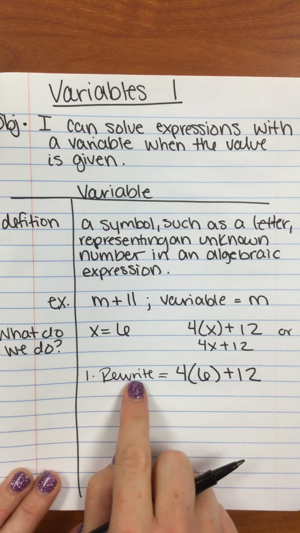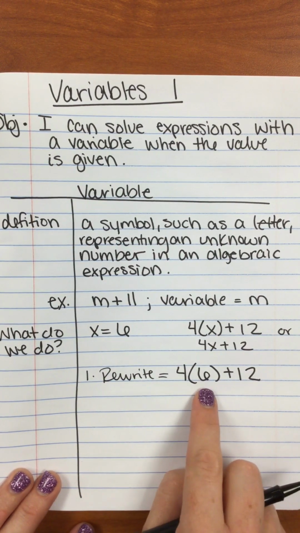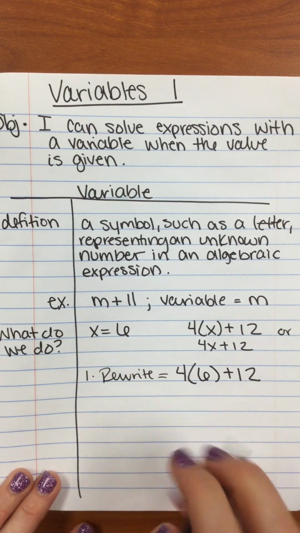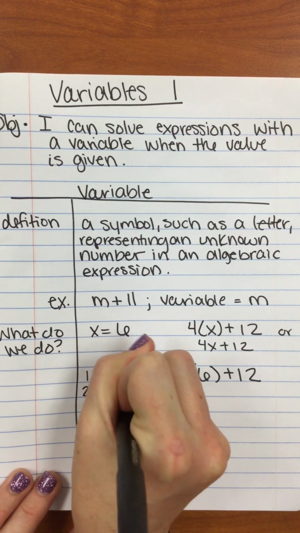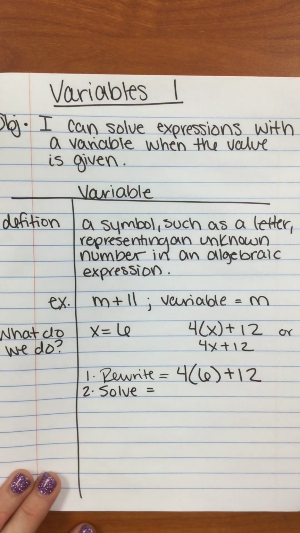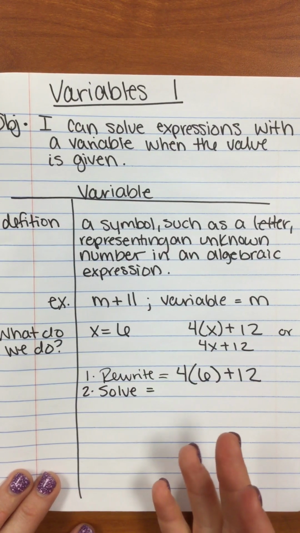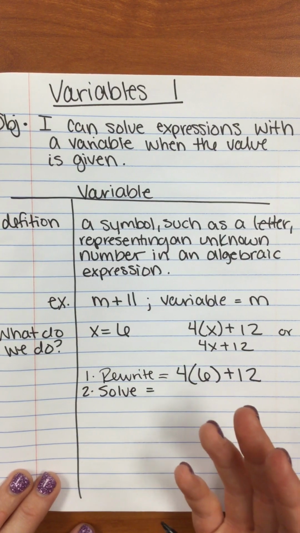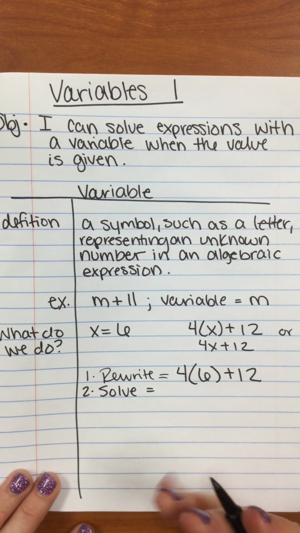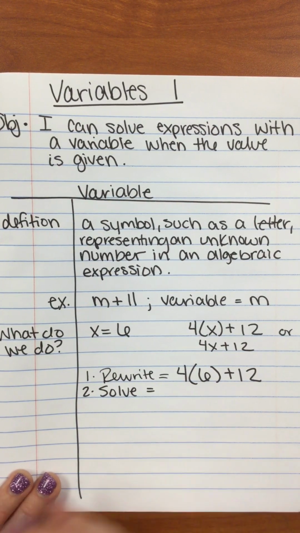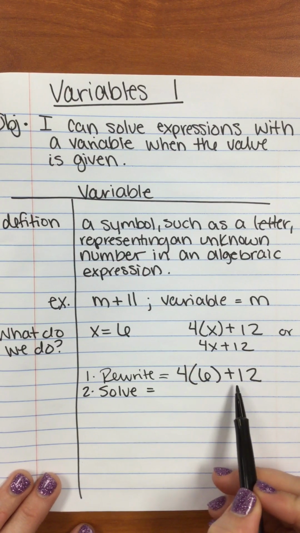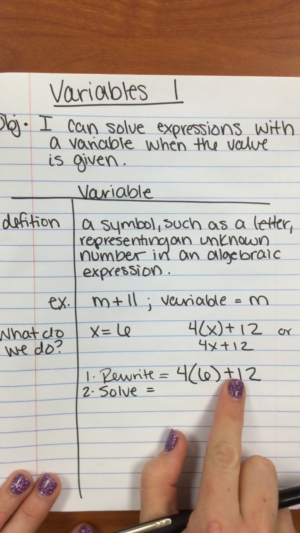So once we've rewritten the problem using our variable in it, now we can solve. And when solving expressions, we use this thing called order of operations, which you're going to learn here shortly. But in this expression, we would multiply first and then add.